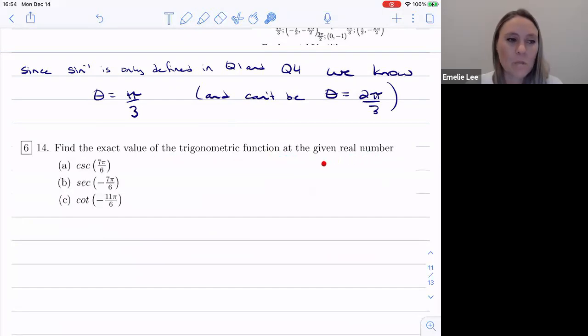Okay. So here, what I want you to do is, we've got these weird trig functions, right? But we've got these familiar angles, right? 7 pi/6, -7 pi/6, -11 pi/6. Negative, remember, just means that you're moving in the clockwise direction.